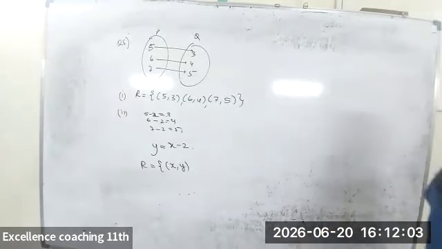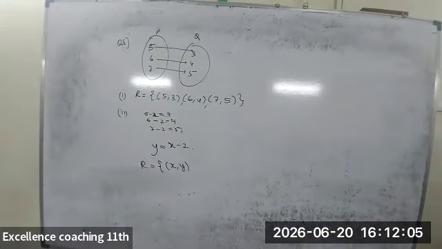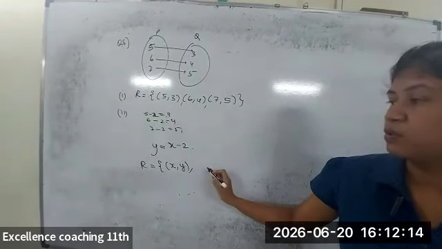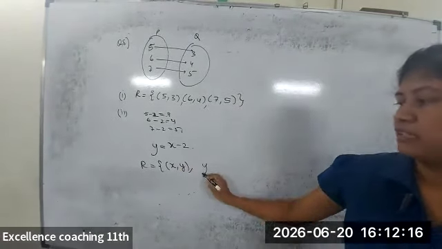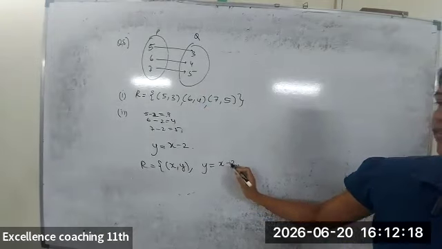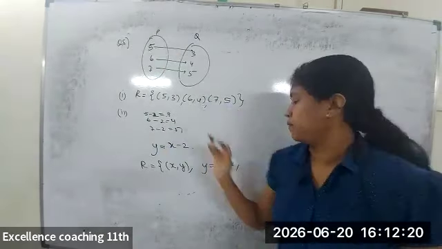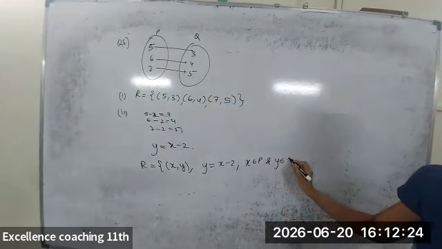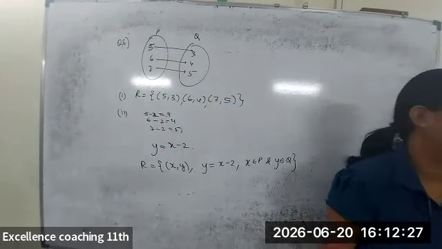Just see the relation. Now we have to explain the relation. So from the left hand side, you minus 2, you get the right hand side. So we have to write it in set builder form. How will you write? Y equals x minus 2, where x belongs to P and y belongs to Q. So this is called a set builder.